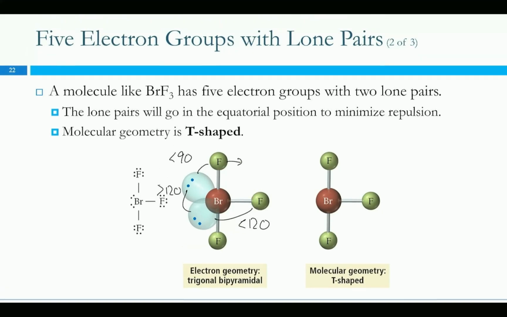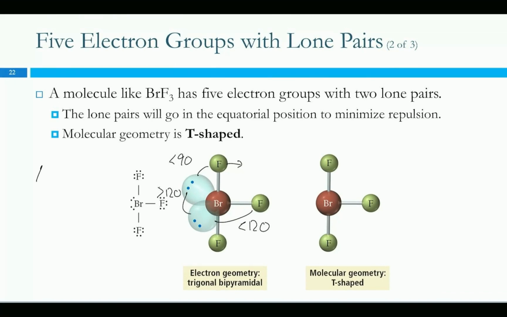That's tricky to think about. So this is the AX3E2. And if we just look at the molecular geometry, just the atoms, it makes a T, which is why it's called T-shaped.